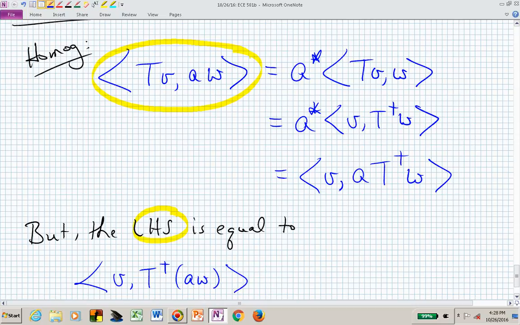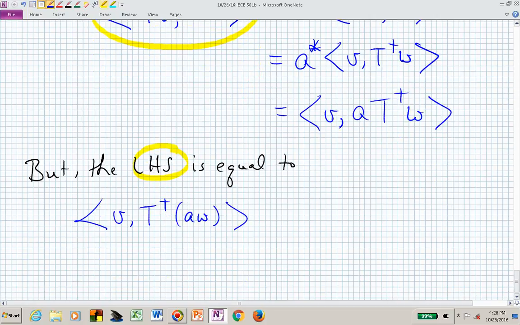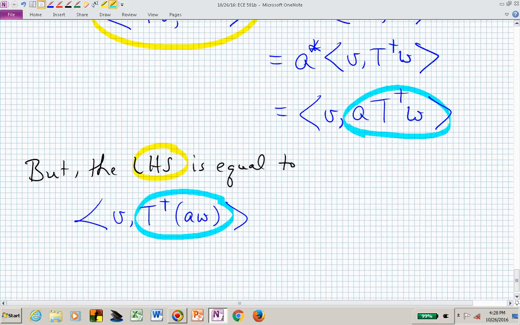Is that okay? I've just used the definition of the adjoint to move the linear map from the first slot to the second slot. Now I can see that I have an inner product with V in the first slot, and what's in the second slot has to be equal.